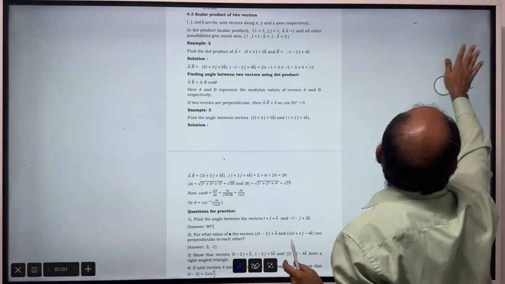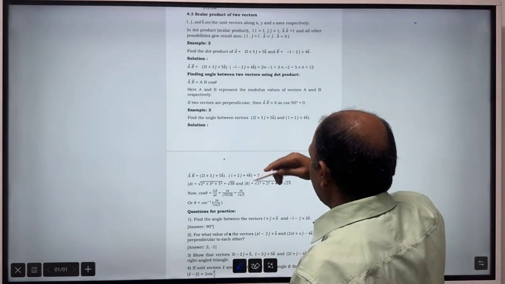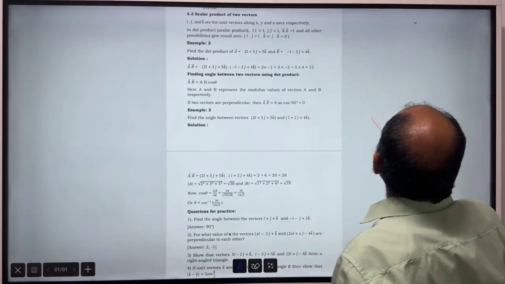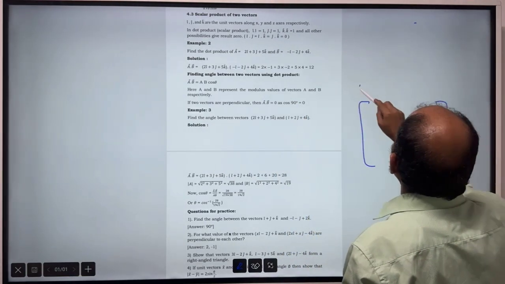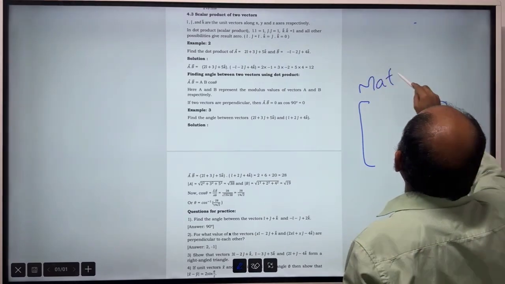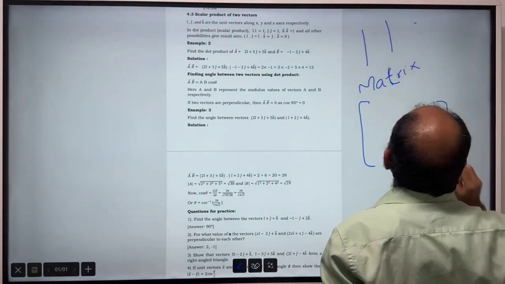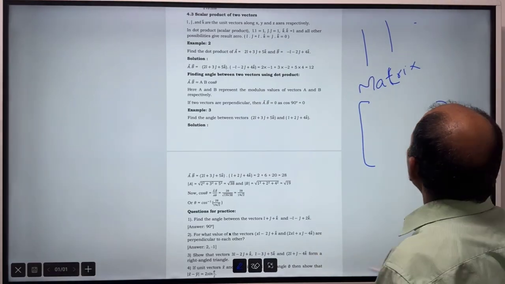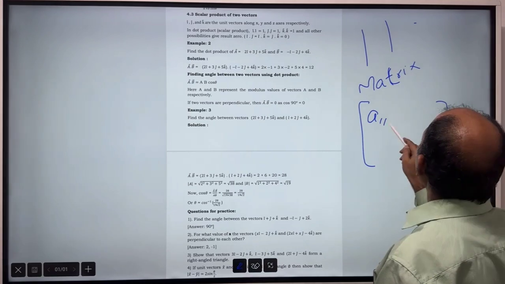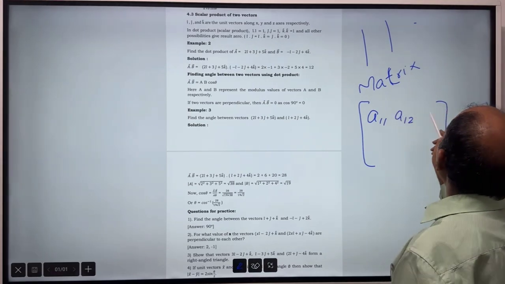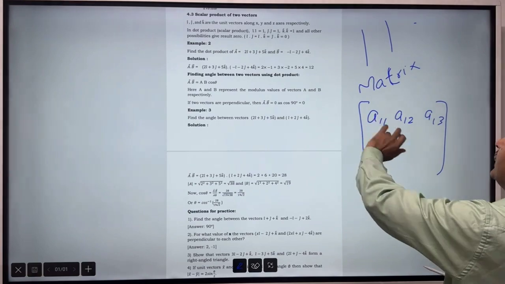Here I will tell you the positioning also, so that you can understand why we put a negative sign in between. Suppose we take this type of bracket, its name will be matrix. But if we take vertical lines, then that will be a determinant. So here we are taking a matrix. We write elements A11, A12, A13 in the first row.